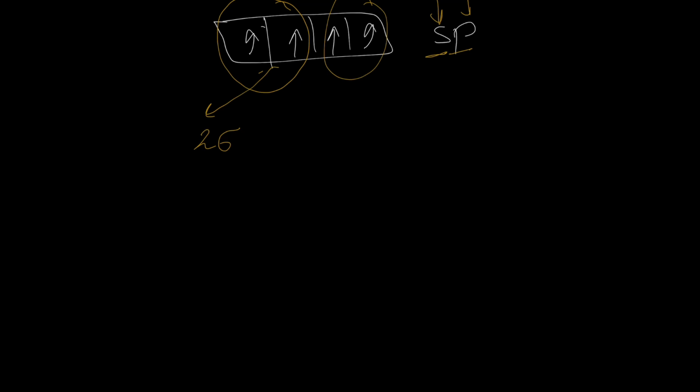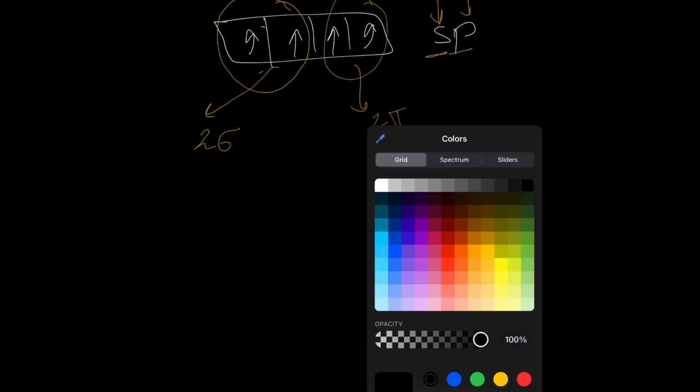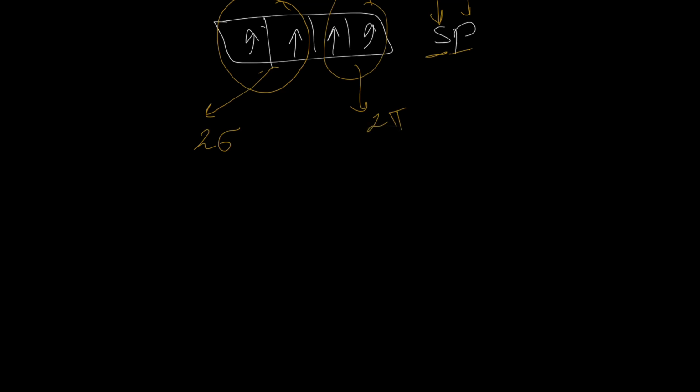The unhybridized orbitals will make 2 pi bonds. How can I explain that? By the way, the contribution of p is half and s is half, or 50-50.